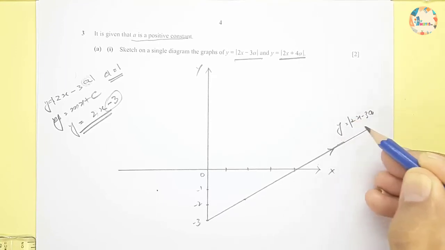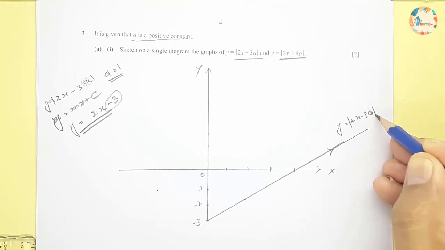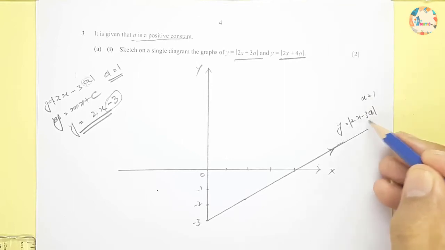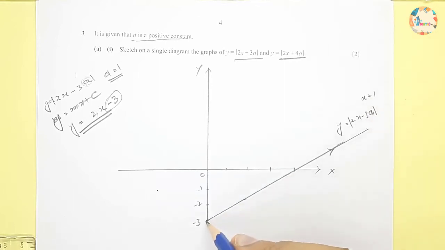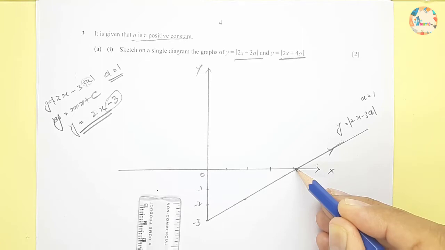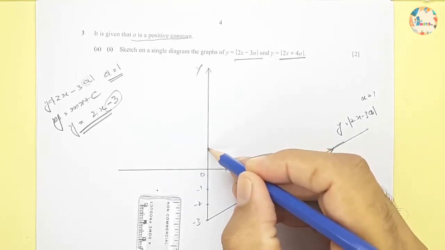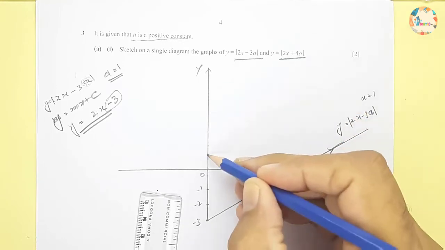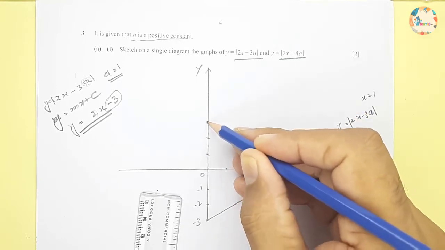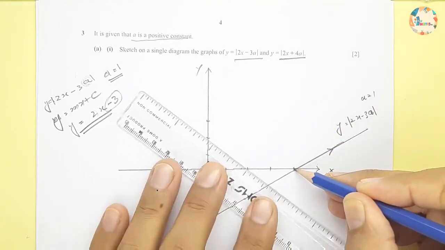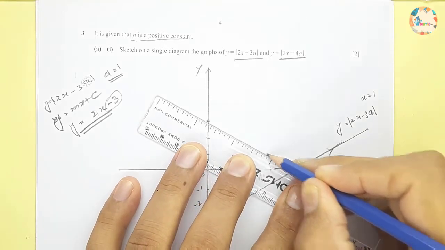When we take the mod of this, this is the a equal to 1 case. When we are taking mod, we ignore the negative, and this part also changes to the positive side. So it will shift to the positive side when we are taking mod, and the changed line will become like this.